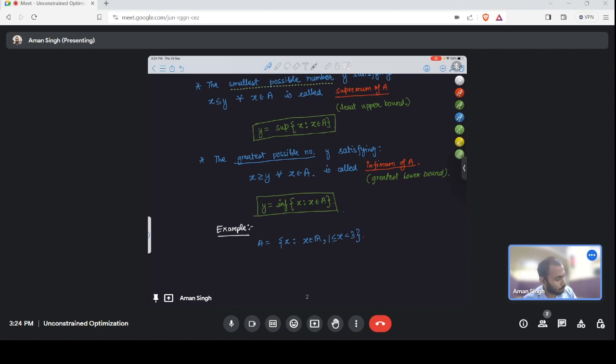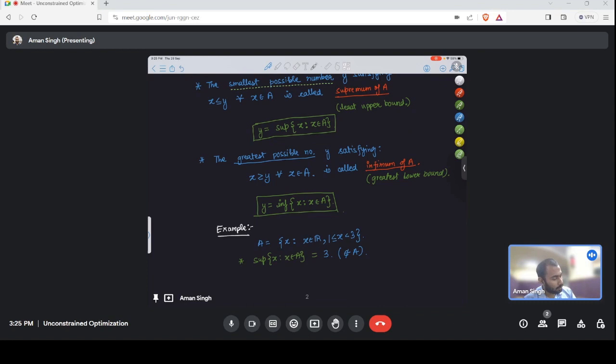What is the supremum of A? It's 3. And we can see that 3 does not belong to A, so it can happen that the infimum or supremum may not belong to the set itself.